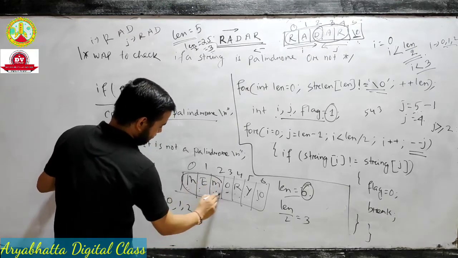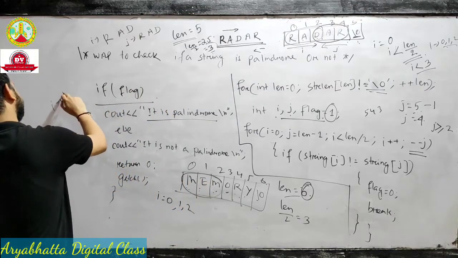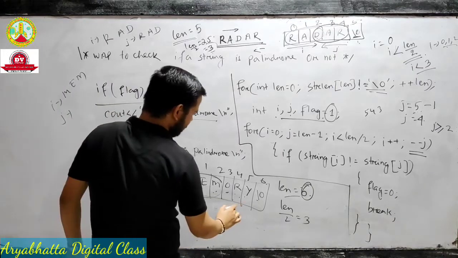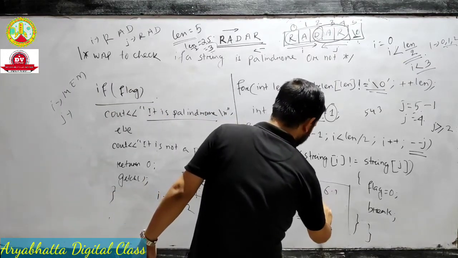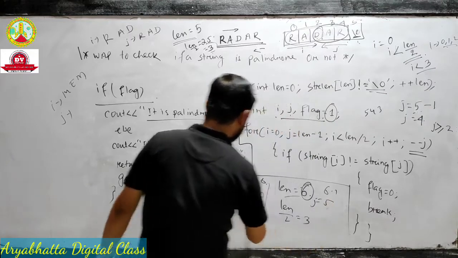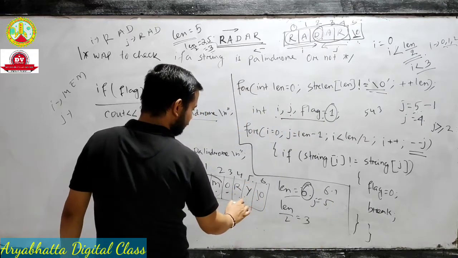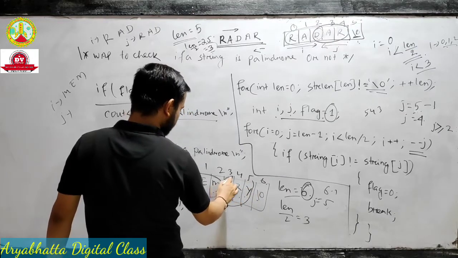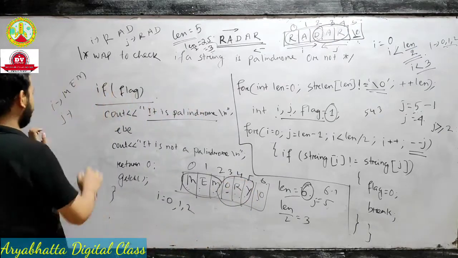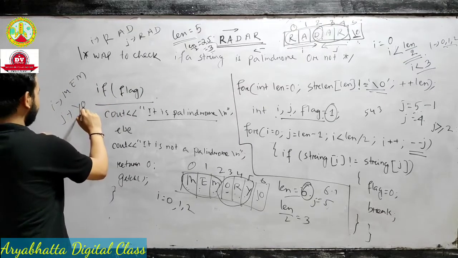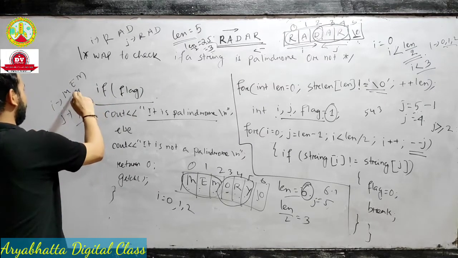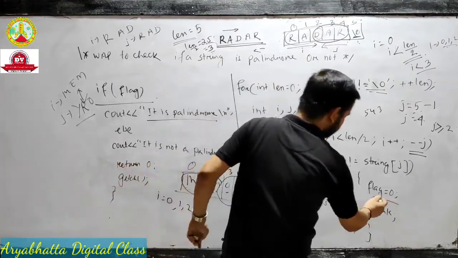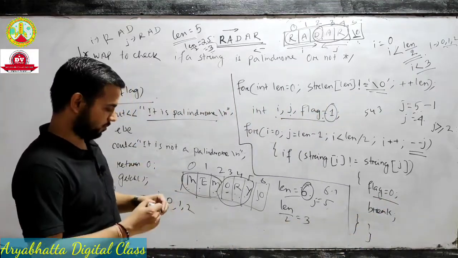The i character is M and the j character is starting from 5. This j is O, so both characters are different, meaning flag is 0, and it is not a palindrome.